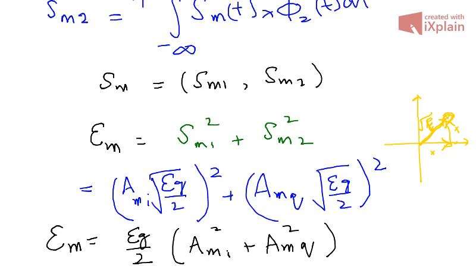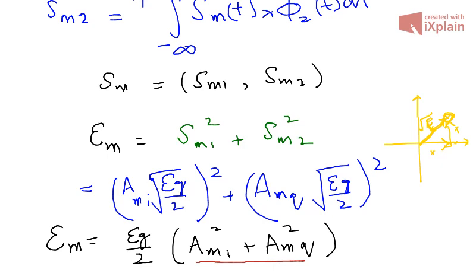So the energy of your signal is the summation of these components. Now if you observe it, Eg is usually a fixed value. The only data dependent terms are the amplitudes square to give us the energy of the signal.